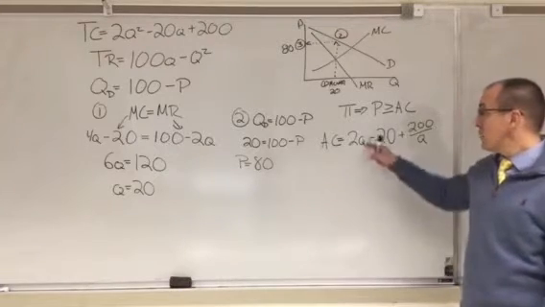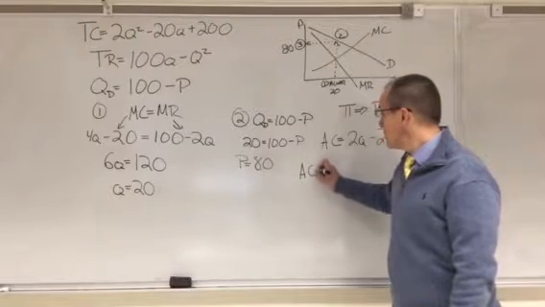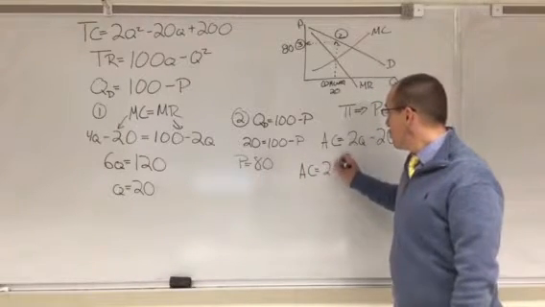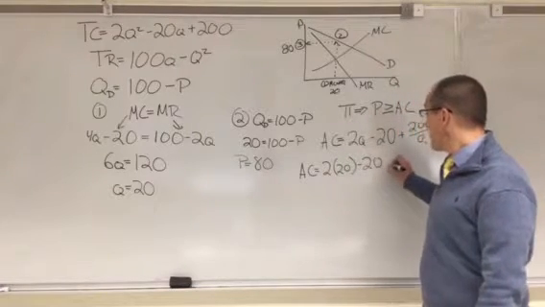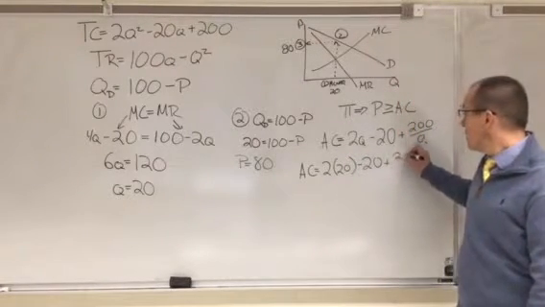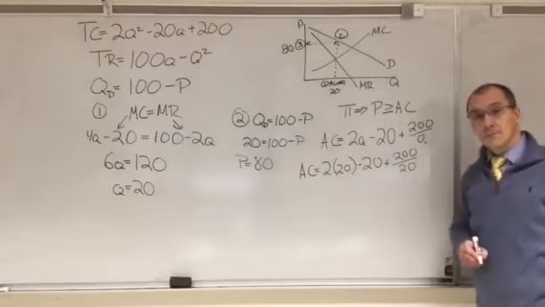I just sub in 20 for my Q's, and I will get average cost equals 2 times 20 minus 20 plus 200 divided by 20.